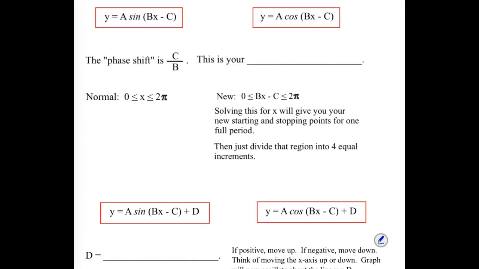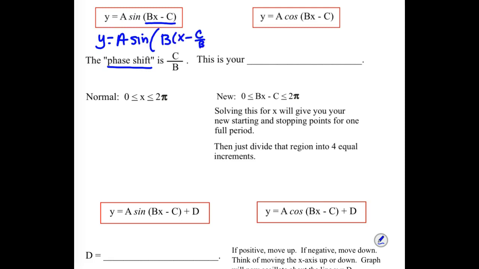The other transformations that we've talked about would be shifting left or right, so horizontal shifts and vertical shifts. A horizontal shift is called a phase shift. Now, in our formula here, we've got bx minus c, but technically we have to think of factoring out that b term.